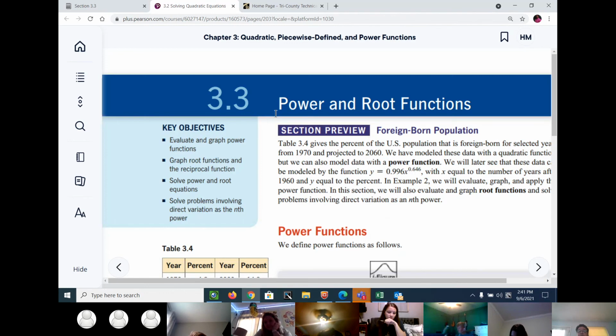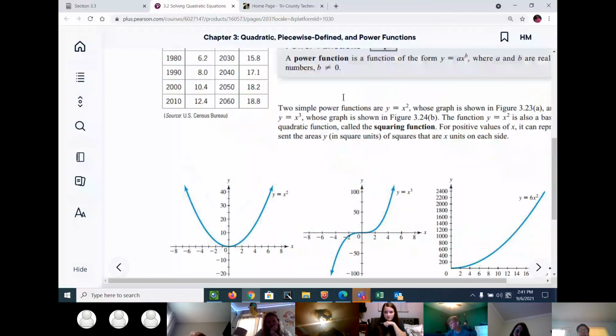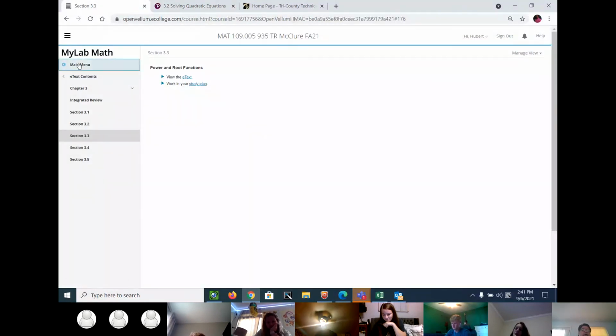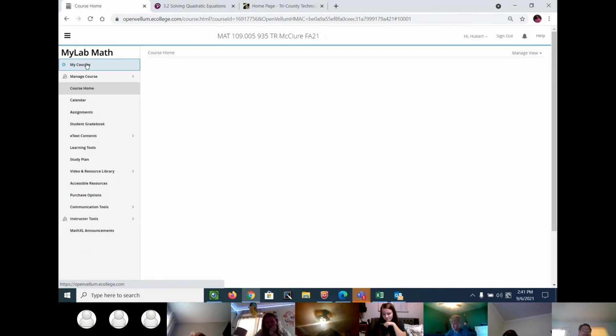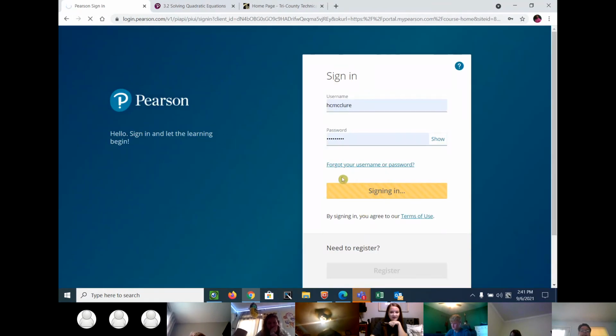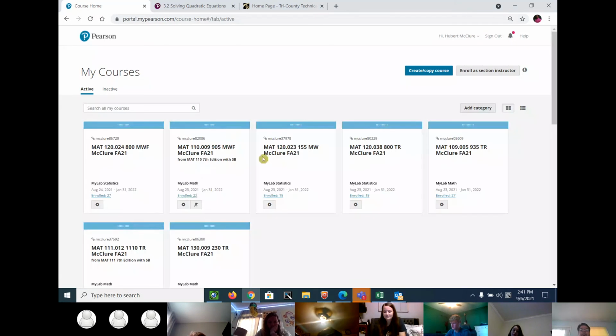It's in here somewhere. Hold on. Am I in the wrong book? I'm in the wrong freaking book. I hate life. I'm in 109. I suck. Let's go to 120. Sorry about that.